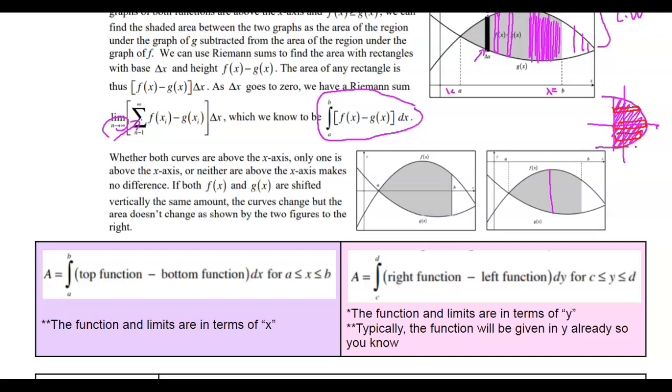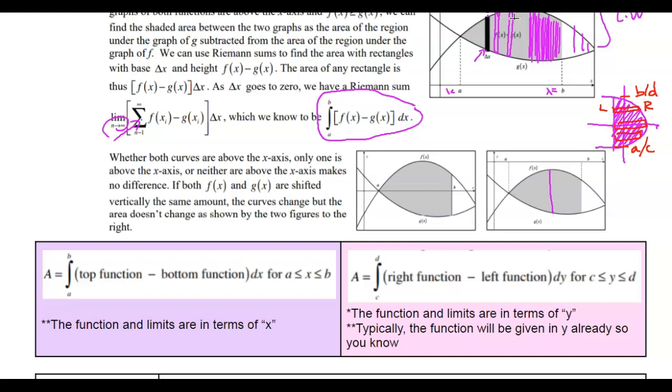This would be my a value to my b value, but those are y's, so we'll let them be c and d. And then for the width of my rectangle, remember we always want a positive width or height of a rectangle. The bigger number's on the right, so we're going to do right minus the left.